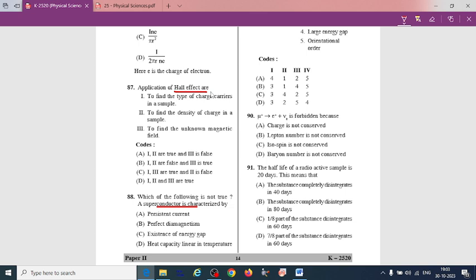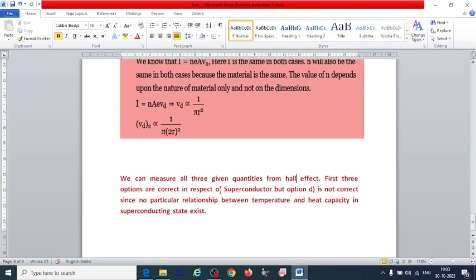Applications of the Hall effect are to find the type of charge carriers in a sample, to find the density of charge in a sample, and to find an unknown magnetic field. So all these three actually hold good with respect to the semiconductor.